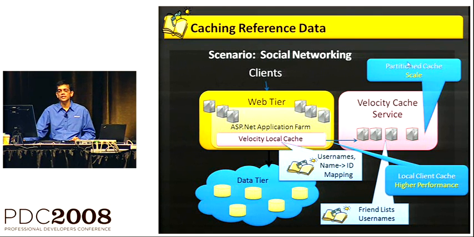And because it's a partitioned cache, it can help you scale very well. You can also use the local cache option with the local cache client turned on, so your web tier can also perform. Now, your username ID mapping is in both the local cache and the cache service, and we have a variety of ways to sync the local cache with the cache service.